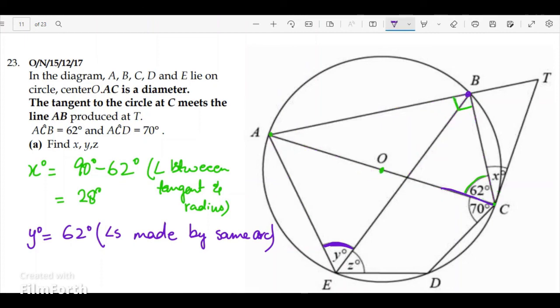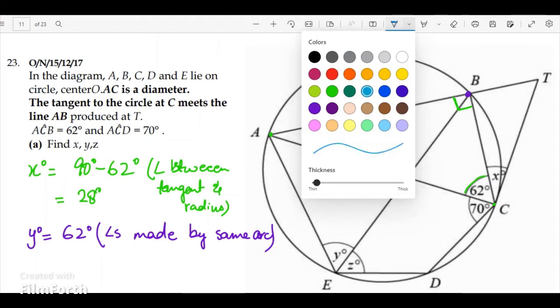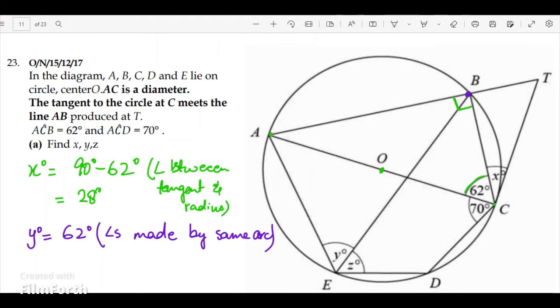Okay, so this z angle is right here. This z angle does not really lie in a triangle. It's not coming from one specific chord, so it's going to be hard to figure out, but not really.